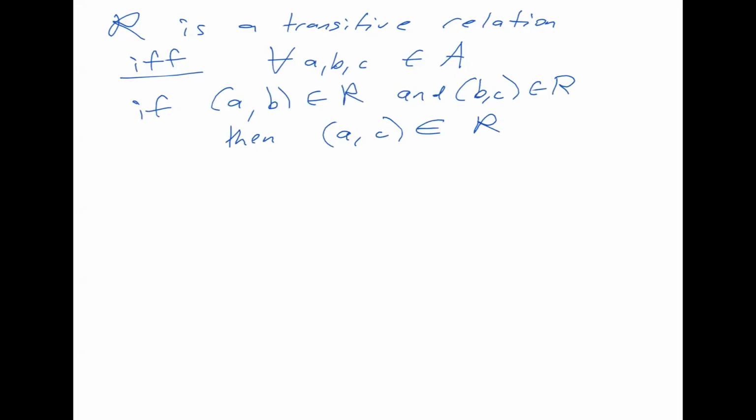If AB is in the relation and BC is in the relation, then A and C have to be in the relation. This actually would also apply to the genetic thing as well, because if A is genetically related to B, and if B is genetically related to C, then A would also have to be genetically related to C. So an example of R could be genetically related.